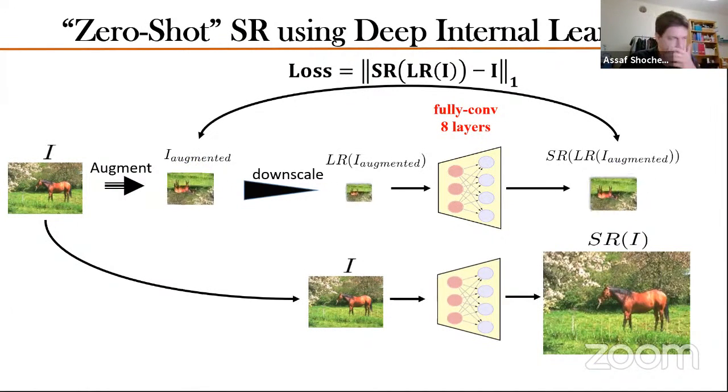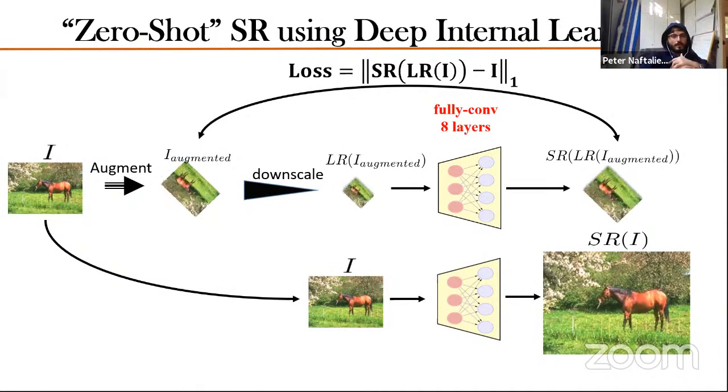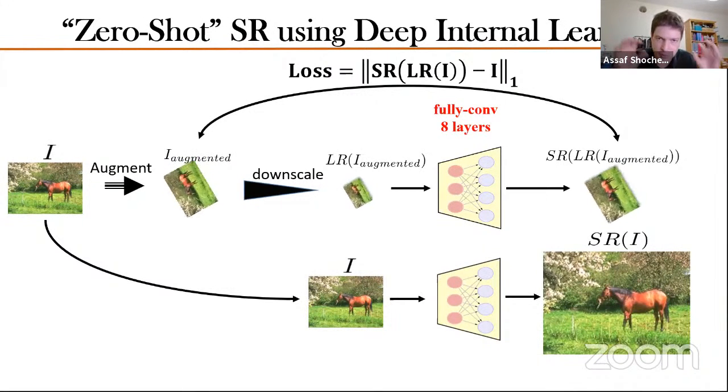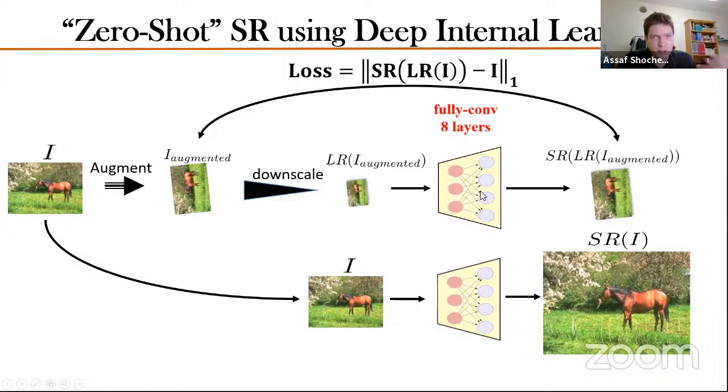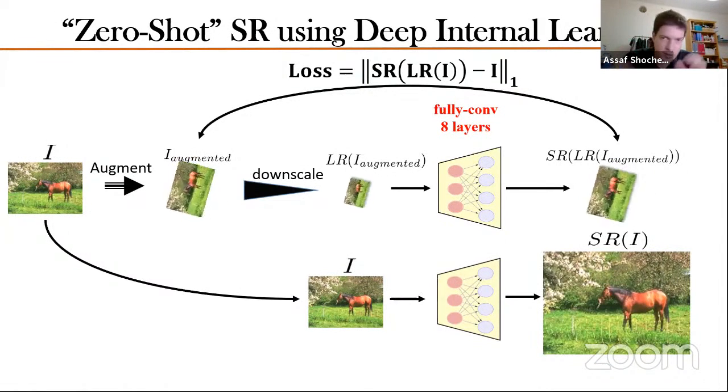The whole setup of the problem is unsupervised. But if you zoom in to this process of training, like this first instance of the network here that we train, as far as the network is concerned, this is a supervised problem. It has a label and it has an input.